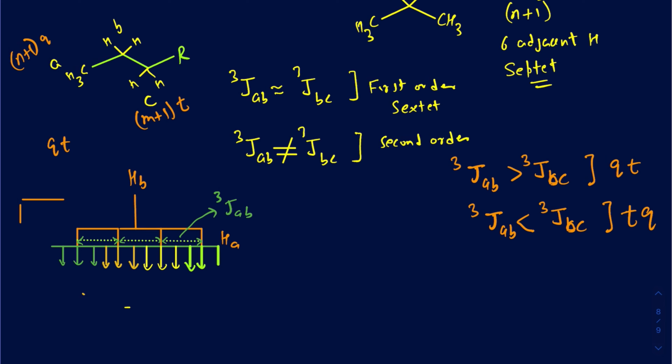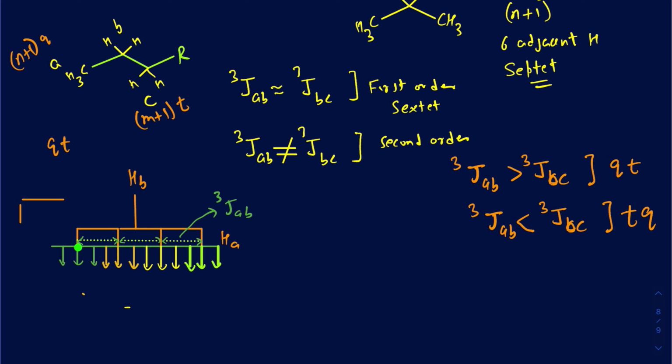I'm taking the second coupling constant to be significantly small, so that's why those lines are very close to one another. But there's a good chance that their coupling constant is not as small as I have made here, and these lines may overlap. So the triplet of this and the triplet of that may overlap with one another.